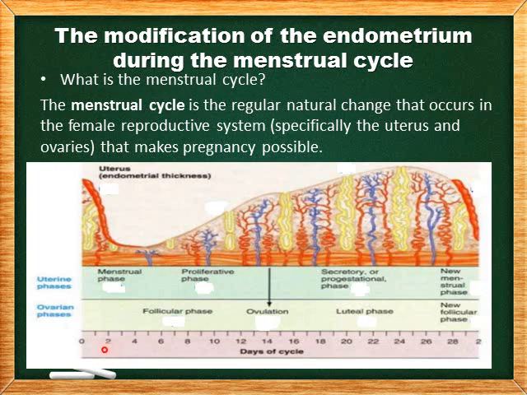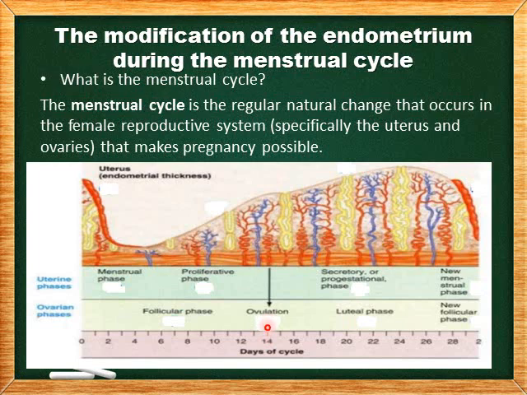When I say a cycle, I have to take a typical cycle which is made up of 28 days. So we are going to study the modifications of the endometrium. How does this layer change within a cycle? To facilitate our work, we divide the cycle into two and stop at day 14.